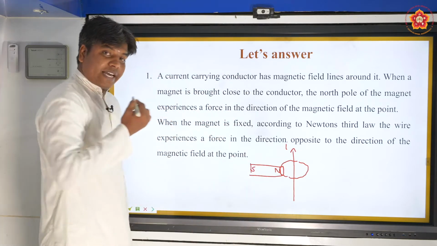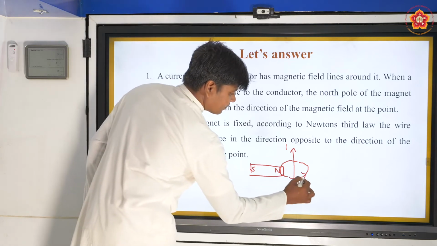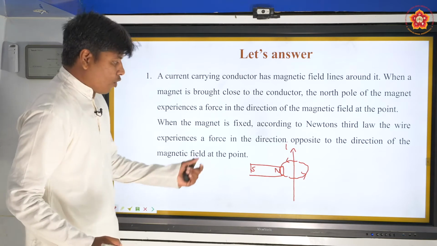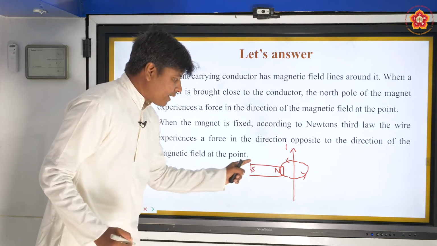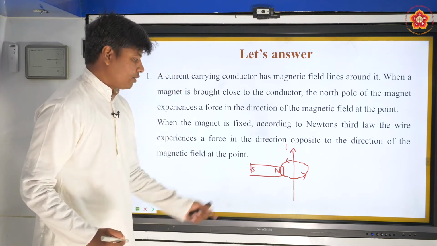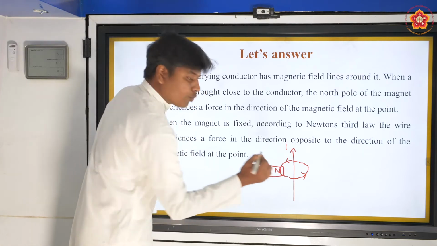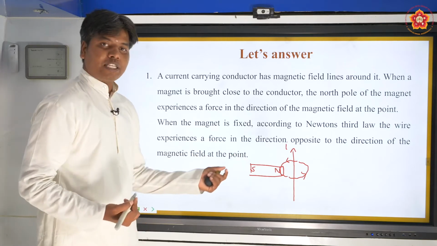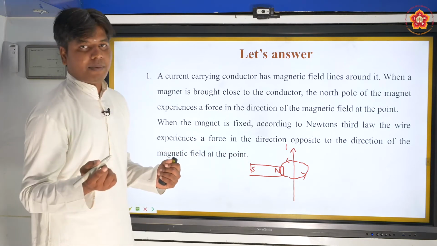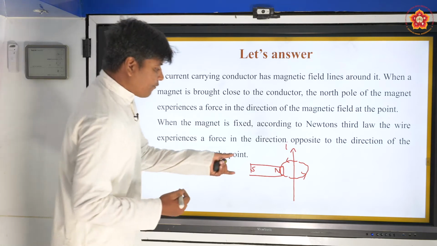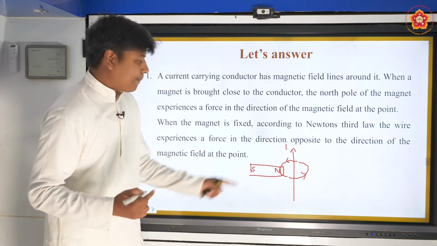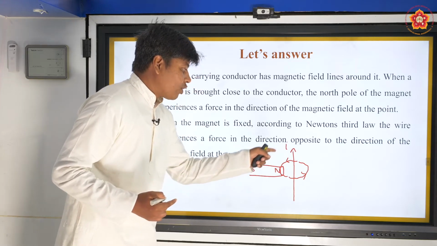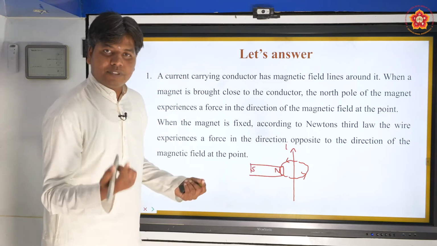Now what will be the direction of magnetic field? In this direction. What will be the force experienced by the external bar magnet? It will be outwards, right? According to the definition of magnetic field line, the north pole experiences the force in the direction of the magnetic field. Now if I hold this magnet, what will be the force exerted by this magnet on this conductor? Opposite direction, right?